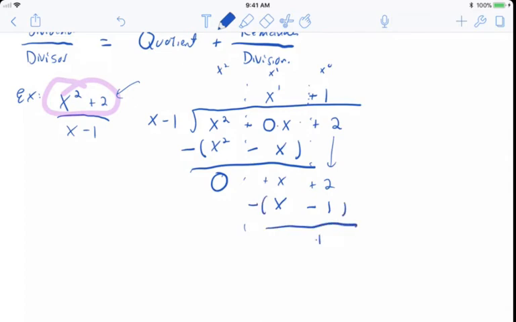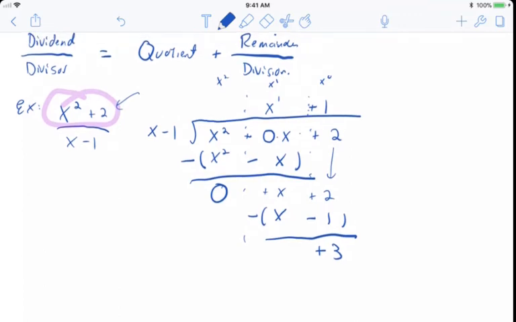Plus 3. So the result is that the quotient is this polynomial and the remainder is this polynomial. So x squared plus 2 over x minus 1 should, according to this, be rewritten x plus 1 plus 3 over x minus 1.